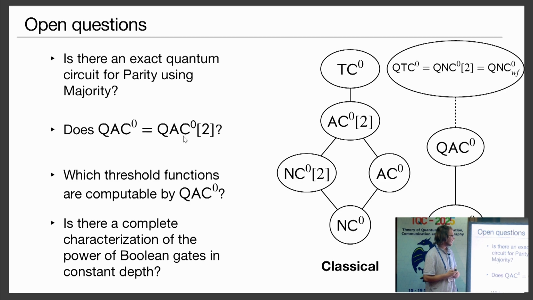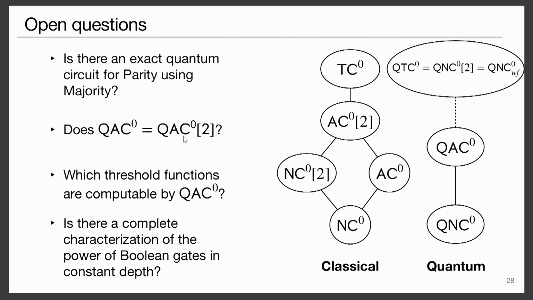Second is one of the big open glaring questions from quantum circuit complexity, which is whether or not this class QAC0 can compute parity or not. Perhaps it would be useful to look at these other functions now, which we know suffice to compute parity. Perhaps it's easier to give QAC0 lower bounds against those rather than parity directly.